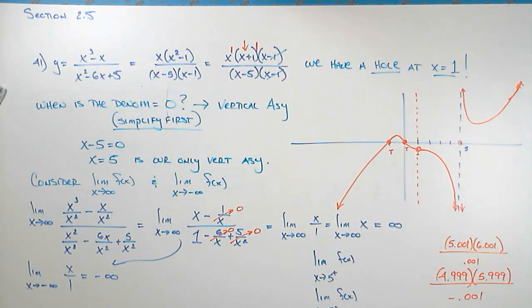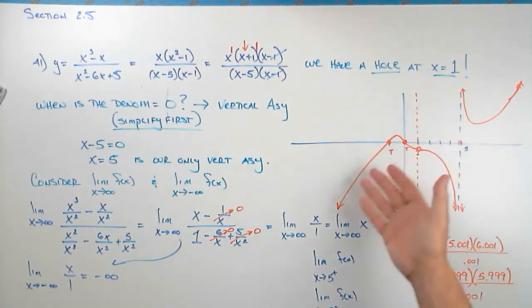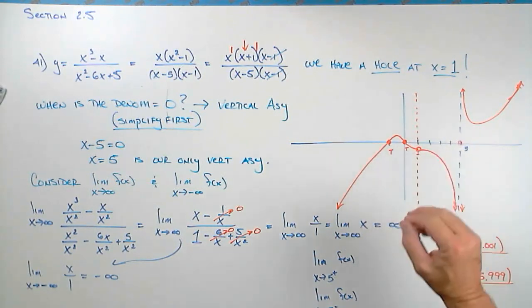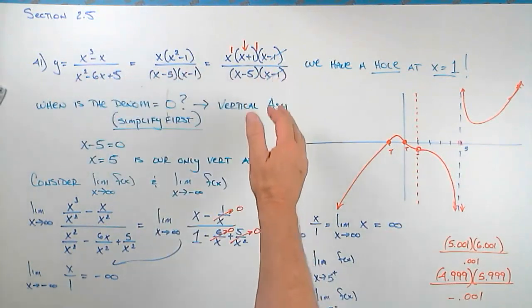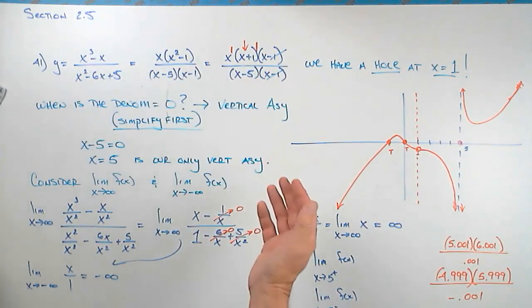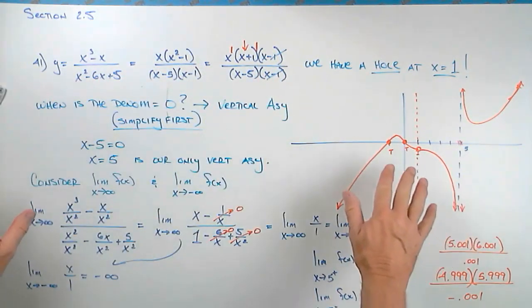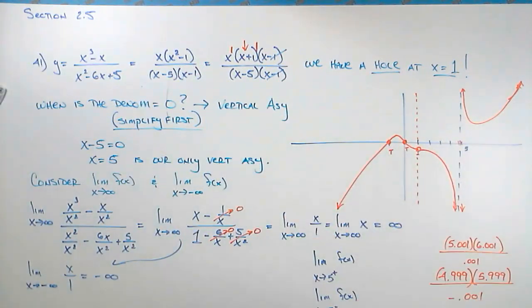We don't need a graphing device to graph that. We just need our analysis skills that were taught to us in our pre-calc class. We mix those in with our calculus ideas. This problem right here is a pre-calc question. Graphing this is a pre-calc question. Many of you did that in your pre-calc class. You didn't know any calculus, and you could draw that graph.